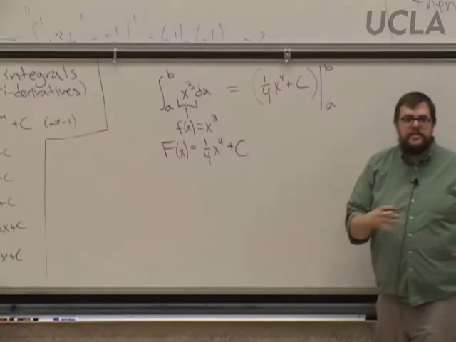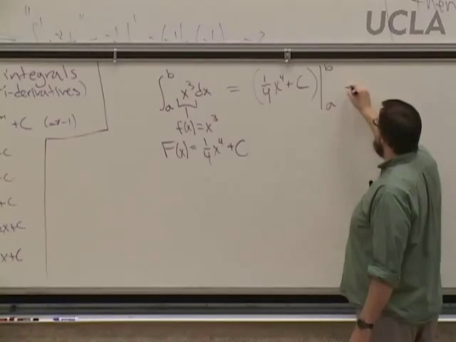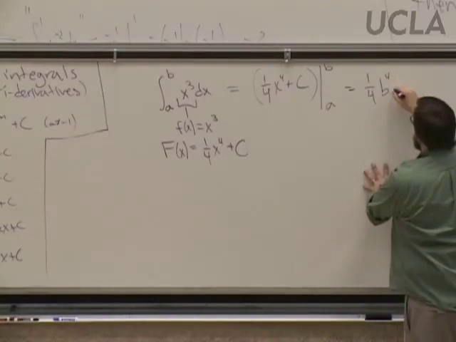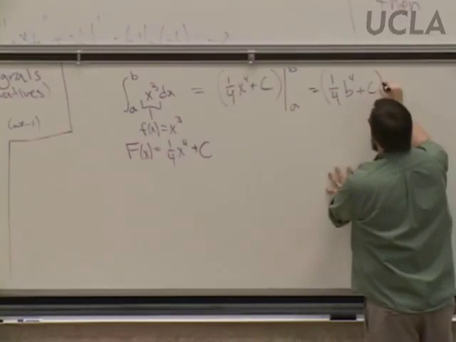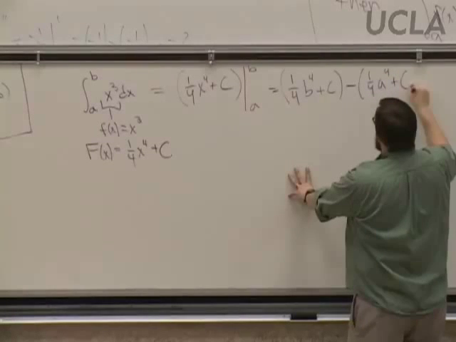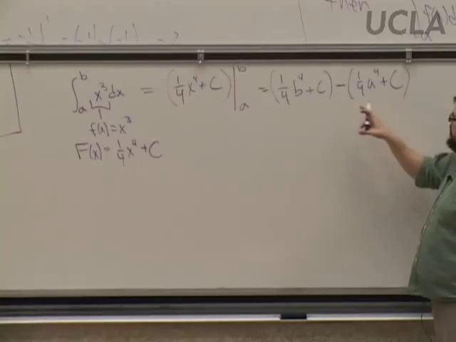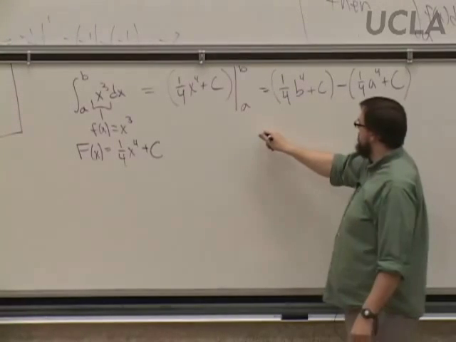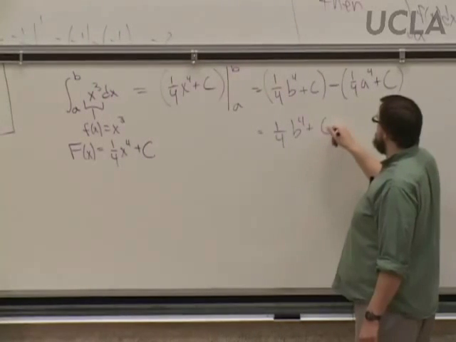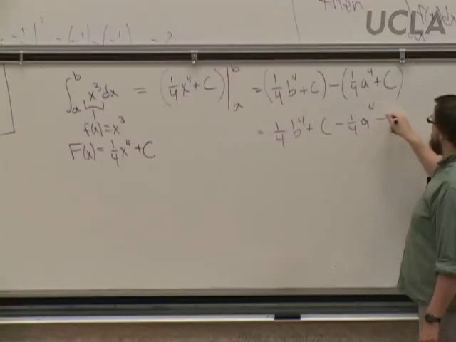I'm going to keep the c there and see what happens to it. So this is 1/4 b to the fourth plus c, subtract 1/4 a to the fourth plus c. I just plug it in, and the plus c comes along each time. And now, lo and behold, what happens to my c's? 1/4 b to the fourth plus c, subtract 1/4 a to the fourth, subtract c.